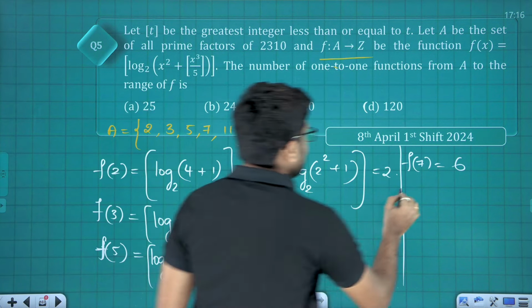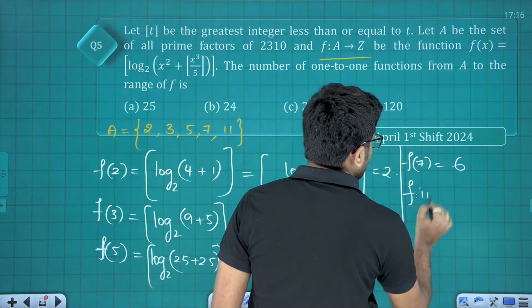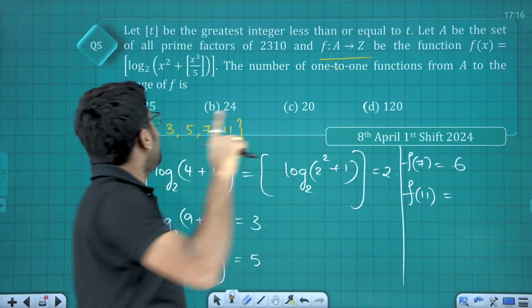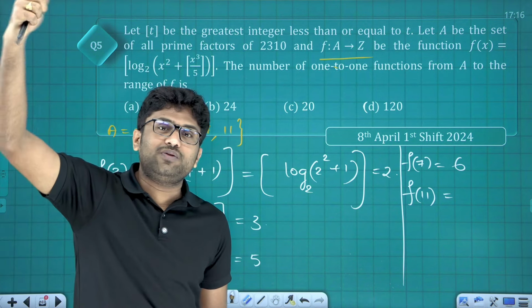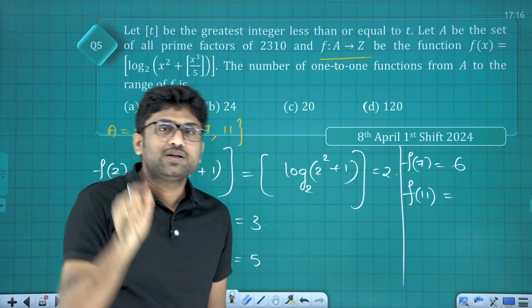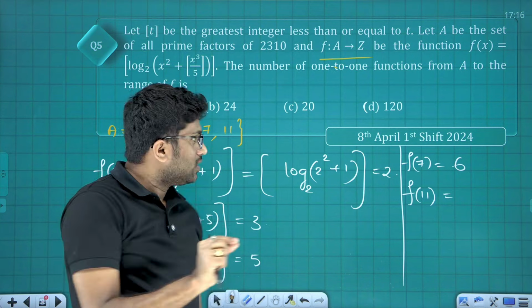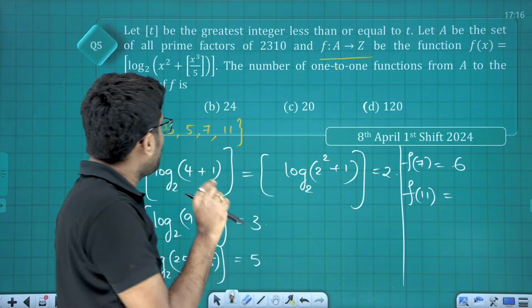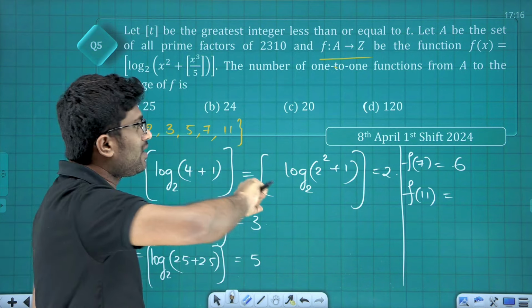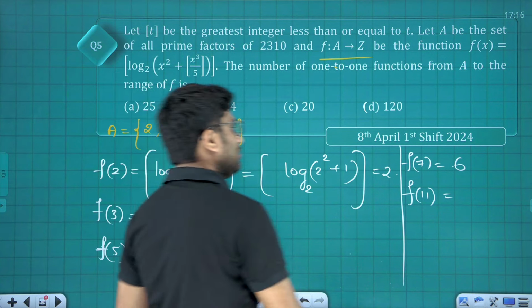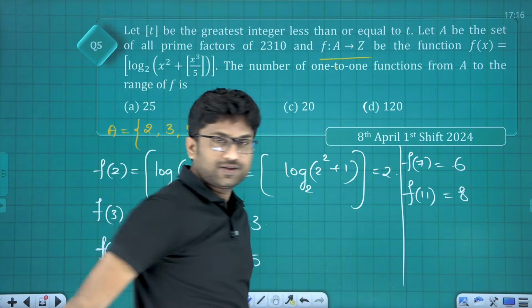Okay, next f of 11. 11 square is 121. 121 plus something: we have 2 power 6 is 64, 2 power 7 is 128, so 2 power 7 plus something, that is nothing but 7... giving 8 as the result.